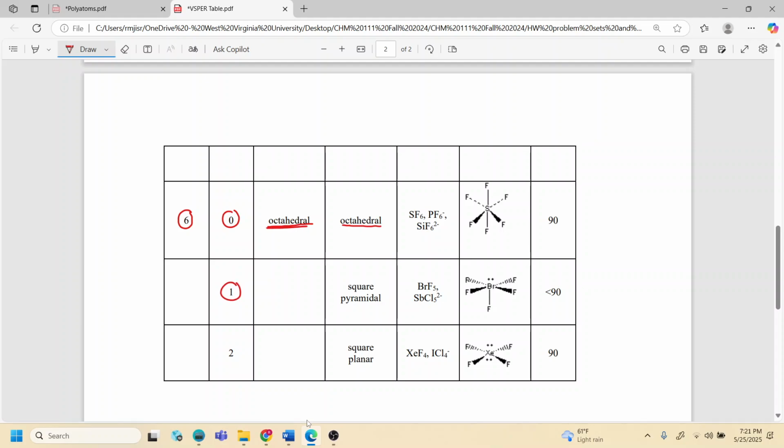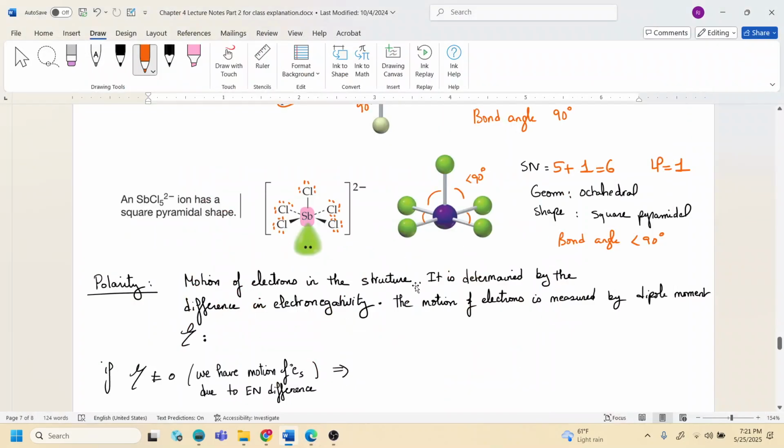The geometry is octahedral, and the shape is a square pyramidal, and this is how you draw the square pyramidal. You do have one bond in plane, and then 2 are behind and 2 are in front. The bond angle is going to be less than 90 degrees between the chlorines. Just write down the geometry and the shape for that.